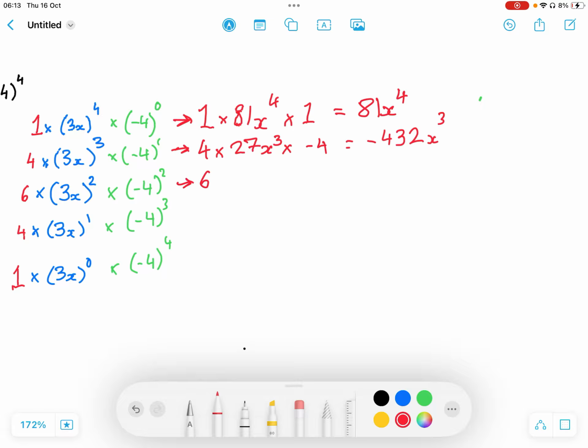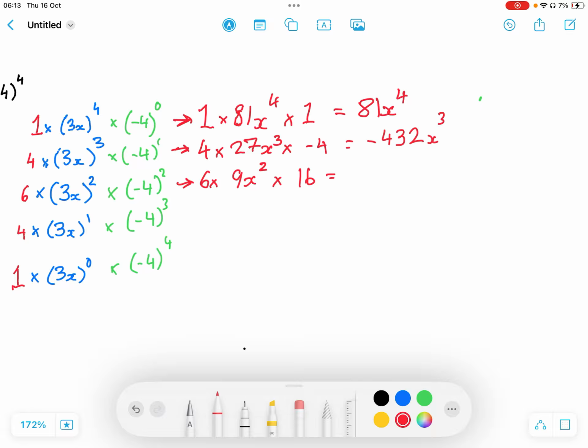We're going to do 6 multiplied by 3x squared. Well, 3x squared is 9x squared when we expand it, because 3 squared is 9, multiplied by negative 4 squared. Well, negative 4 squared is positive 16. Negative times a negative gives you a positive. Okay, well, 6 times 9 is going to give me 54x squared, and 54 times 16.